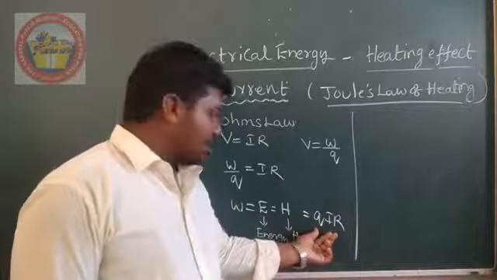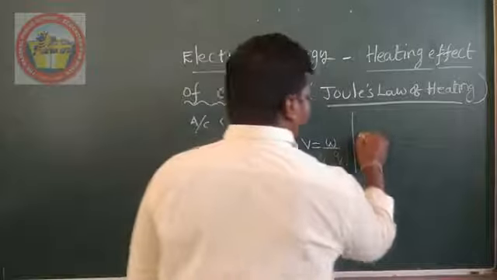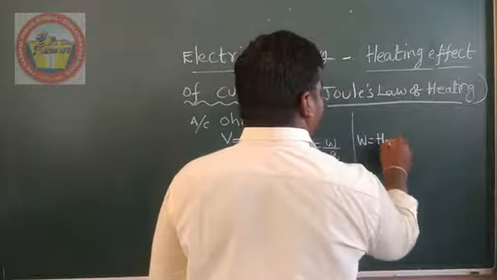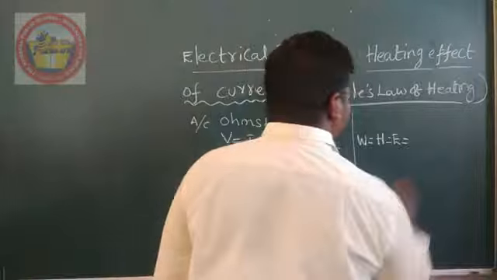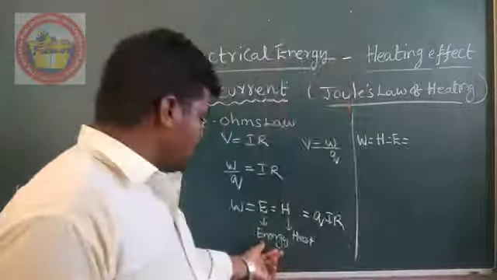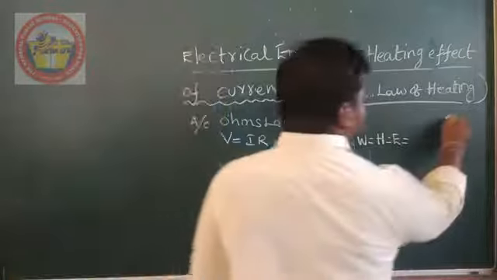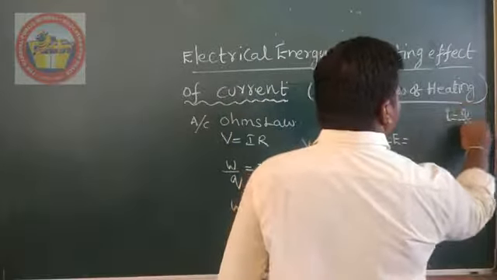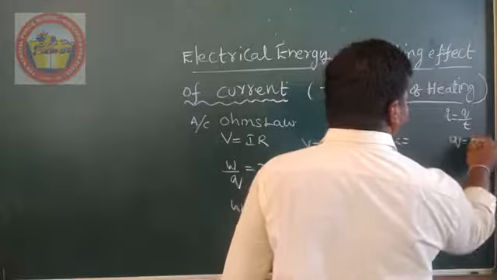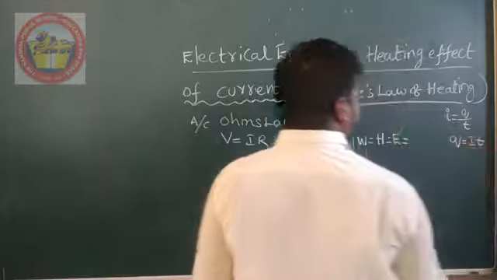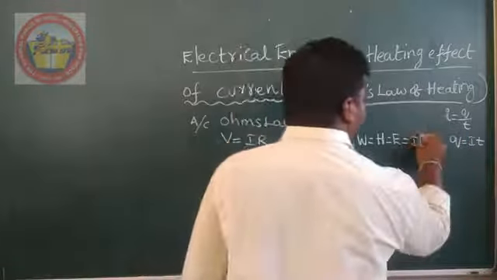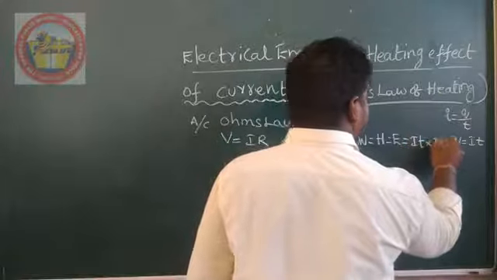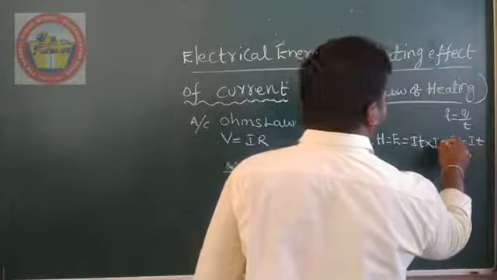According to current, I is equal to Q by T, then Q is equal to I into T. So the energy is I into T into I into R.